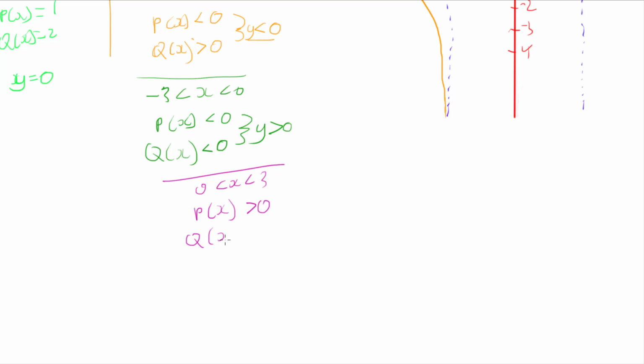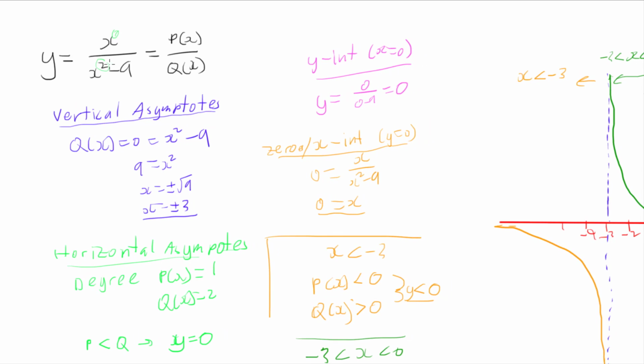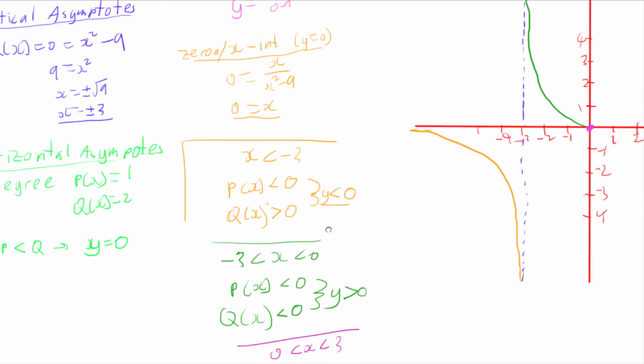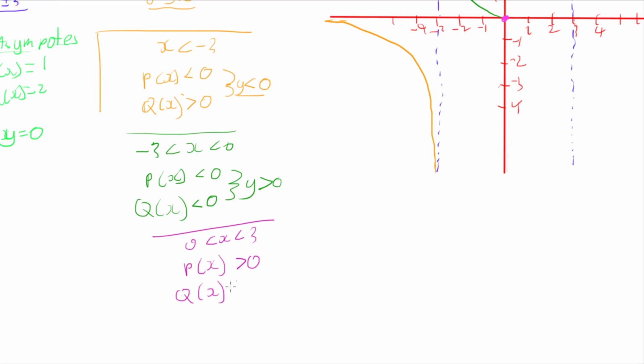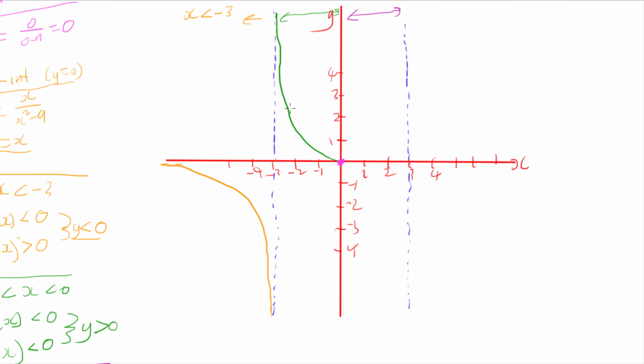Q of x, well, it's going to again be between 0 and -9 if I'm putting in numbers between 0 and 3, so it's going to be negative. So this part is going to be positive divided by negative, means that this part of my graph is going to be negative. So it's going to mirror this curve here. So it's going to come down through there.